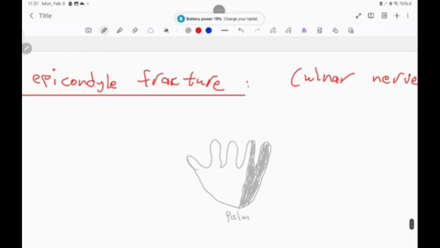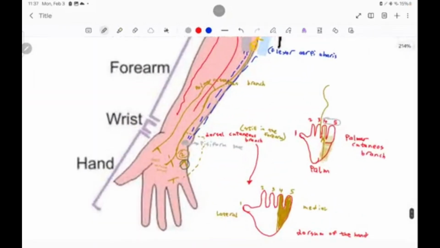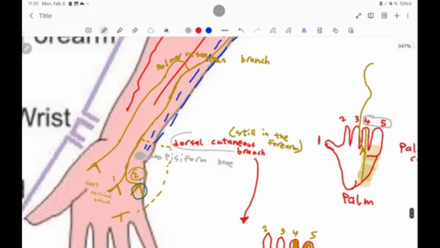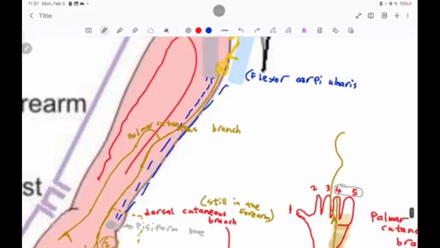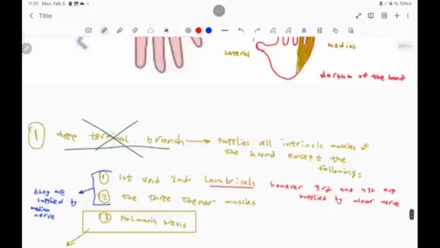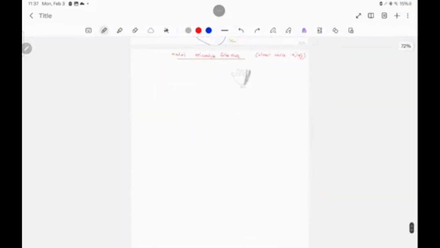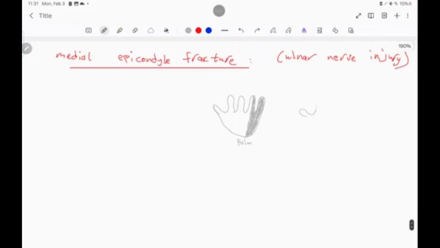What about the dorsum? Okay, the dorsum, هاي الدورسال cutaneous branch هاي طالع ايش before the wrist، فأي injury هون كل هيخرب كل اللي تحته، يعني برضو الدورسال cutaneous branch راح يتأثر. Dorsal cutaneous branch will be affected. حتى الدورسم sensory innervation also will be lost.